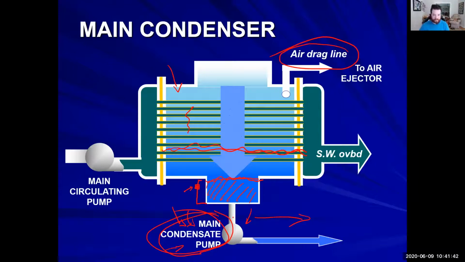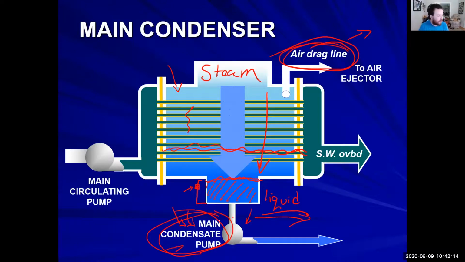Then we have our air drag line. This is going to your air ejector, and the air ejector's main purpose is to pull out non-condensable gases. Does that make sense as far as the main condenser? I know it's a lot to think about, but at the end of the day, it is turning a steam to a liquid.